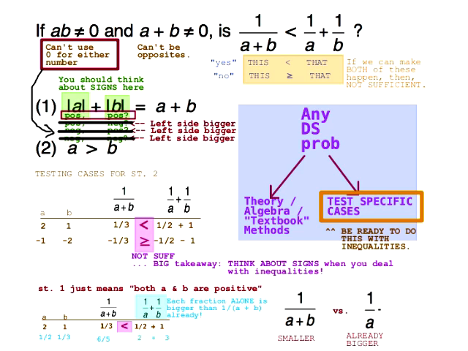But notice 1/a is already 2, and 1/b is already 3. So again, each of these individually is bigger than that. No question about it. So you're adding one smaller item versus two items that are each individually bigger than that one.